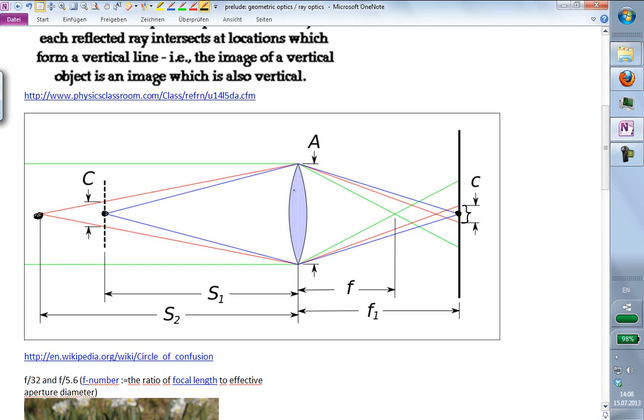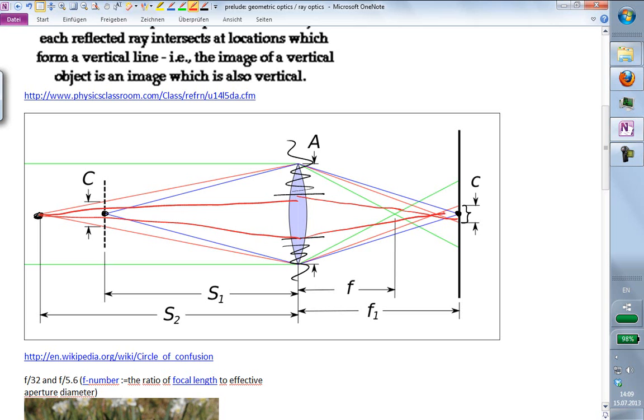For example, if I artificially restrict my aperture to become smaller, so that all of the light out here is blocked, then looking again at this out of focus point, the most extreme rays would be this one and that one, and the resulting circle of confusion would be somewhat smaller.